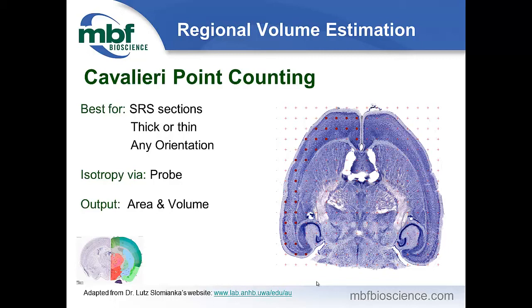And so the estimate that I would get from a series of sections cut in the horizontal plane, measuring the right cortex, versus a series of sections that were cut in the coronal plane, measuring the right cortex, they would obtain a similar unbiased estimate. In other words, it doesn't matter which direction we section this region, we are going to get an equally unbiased estimate in either direction, so you don't have to worry about sectioning your tissue in any fancy way when you are using Cavalieri point counting.